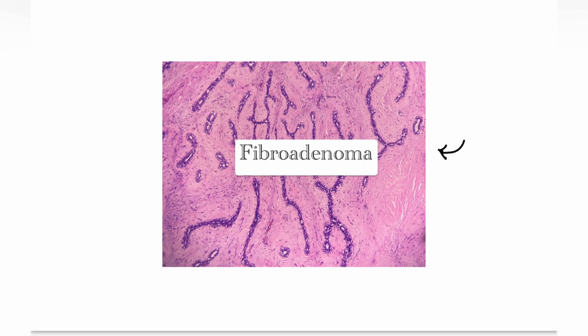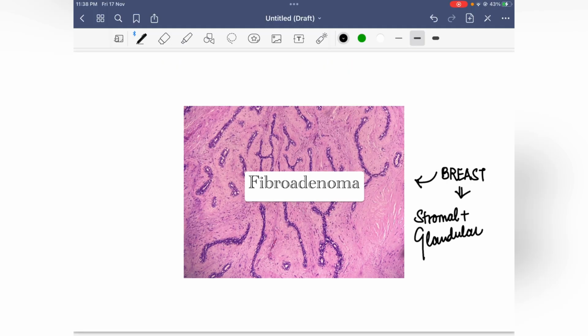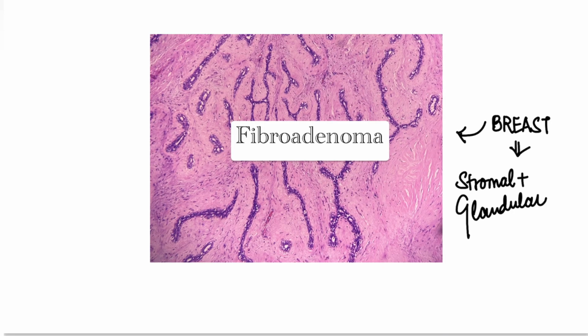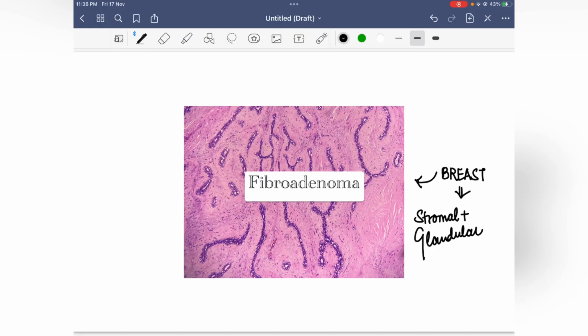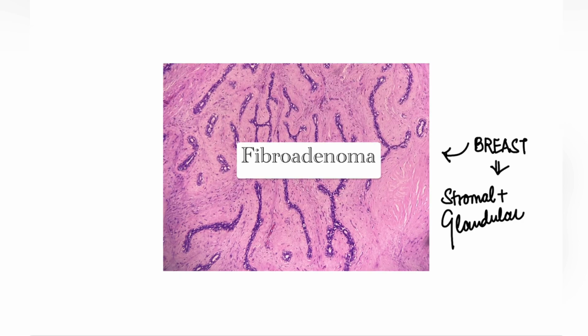So coming to this, the lesion is known as a fibroadenoma. As we know, it's one of the benign conditions of the breast, and it is the proliferation of stromal and glandular elements. So what is it? It is stromal and glandular proliferation. So here you can see that all this pinkish area, whatever is pink, I will say this is eosinophilic pink, whatever is the stroma.